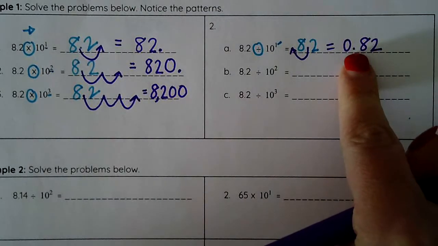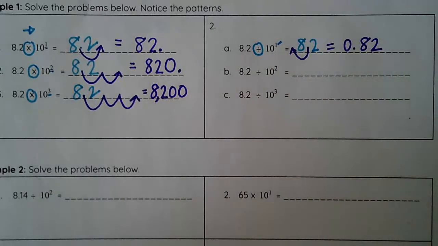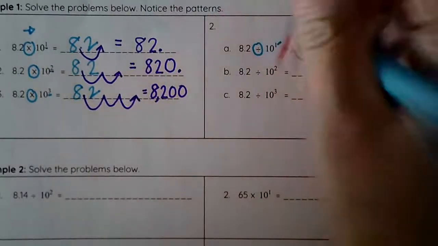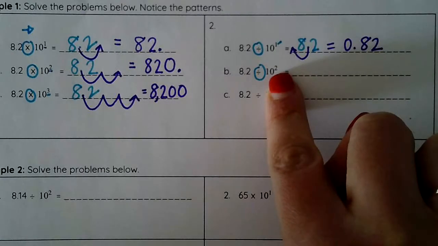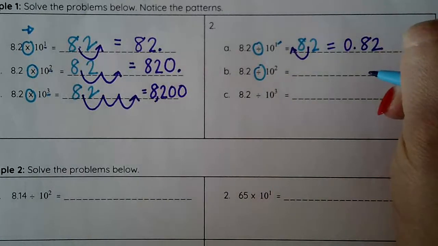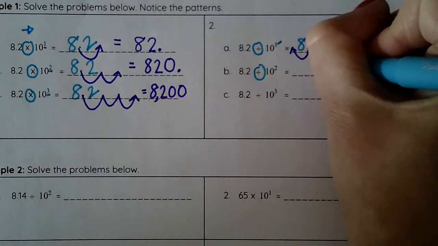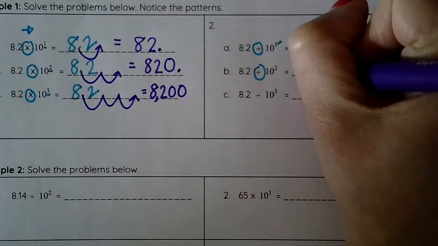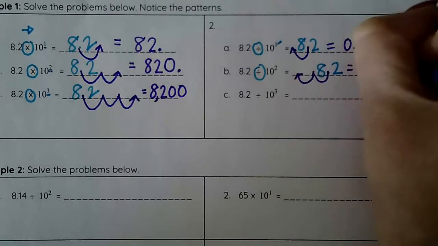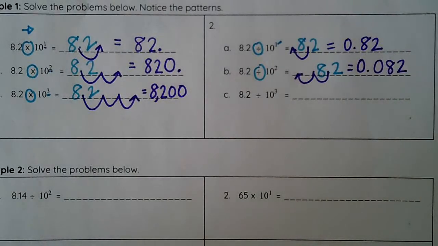Remember that I do put my decimal in front of the 8, and because I do that so I don't lose my decimal, I do put a 0 there. My next one I divide as well, and this time I divide by the 10 to the power of 2, which means 100, meaning I move my decimal 2 times. Getting me 82 thousandths.